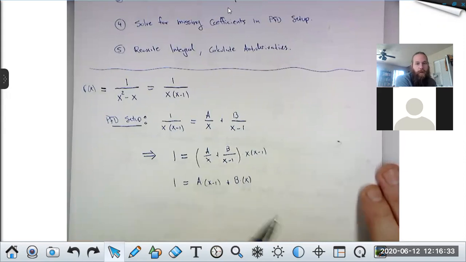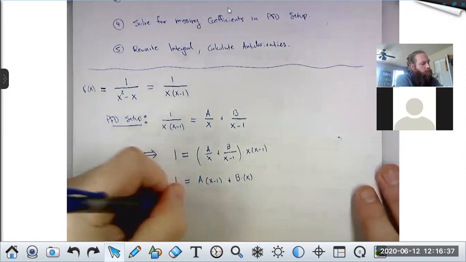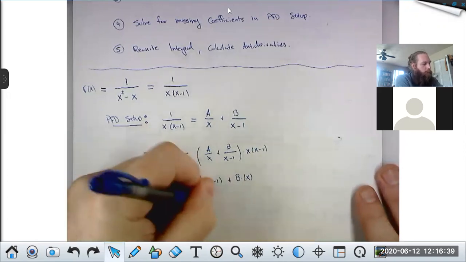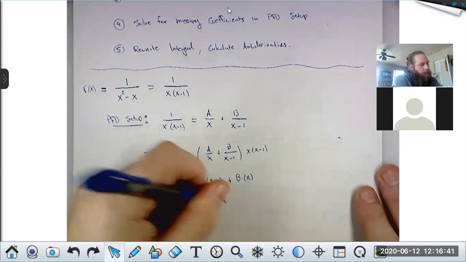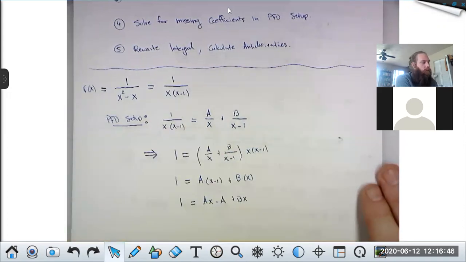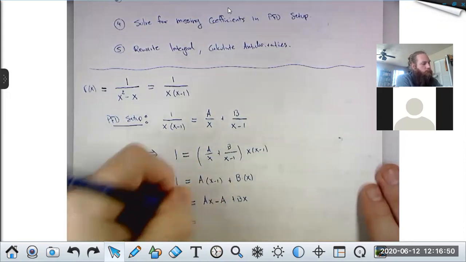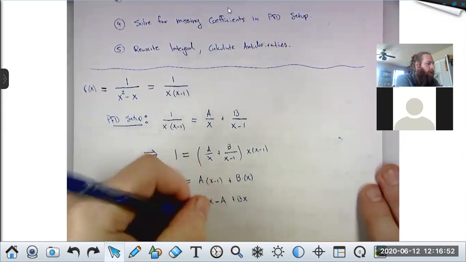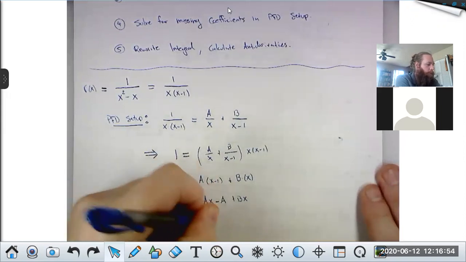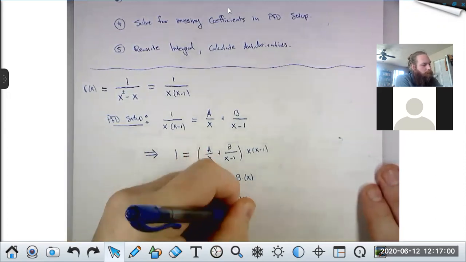That might give me a way to find those coefficients. But the more general approach is to distribute everything. So here I had ax minus a plus bx, and then collect my like terms. So this is the same as 1 equals, well, my x's are ax plus bx. That's a plus b times x. And then the only constant term is minus a.